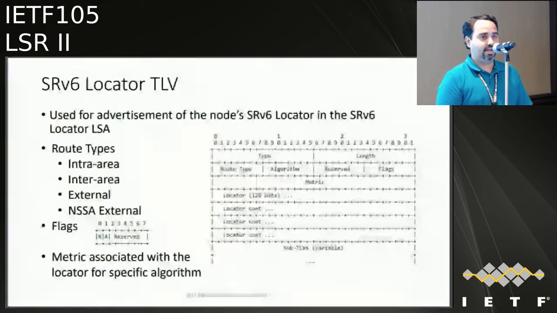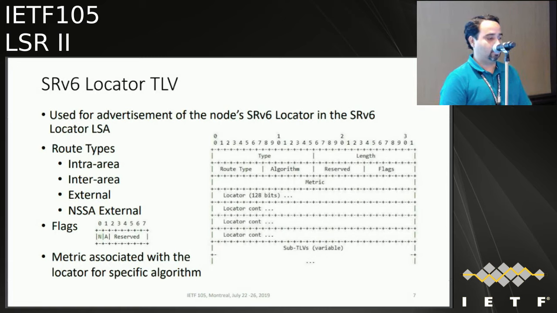Under the locator LSA, we have this top level TLV, the SRv6 locator TLV, and it looks something like this. We have route types here, which indicate the type of the locator, and the flags are also instantiated here.